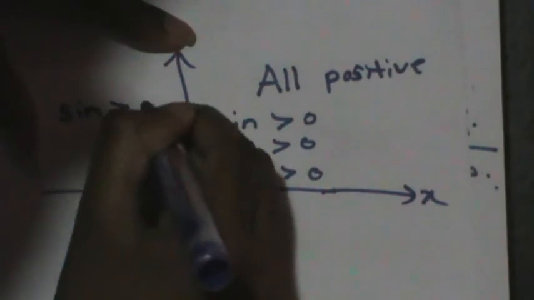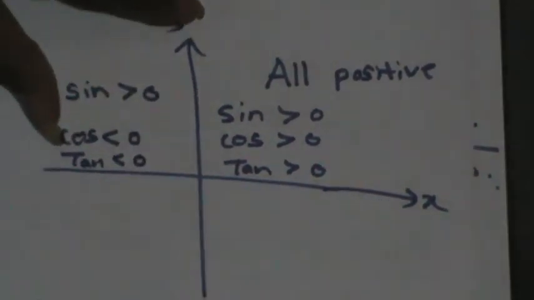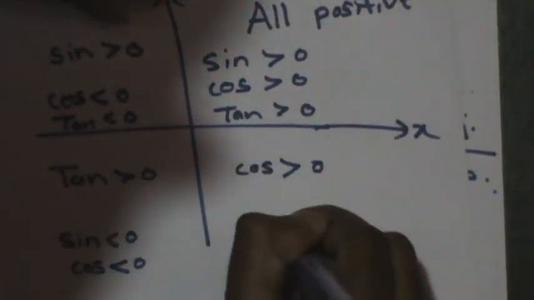In the second quadrant, only the sine is positive, and cos and tan are negative. In the third quadrant, tan is positive, sine and cos are negative. And in the last quadrant, cos is positive, and sine and tan are negative.